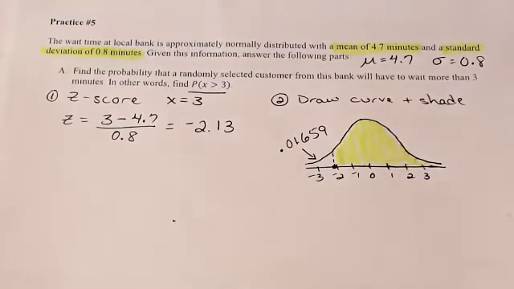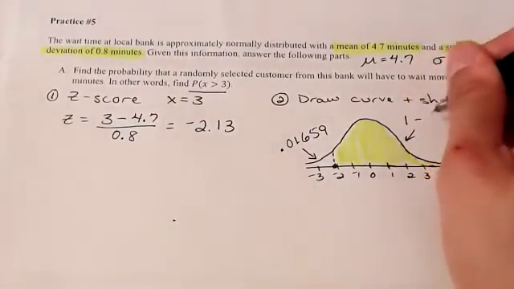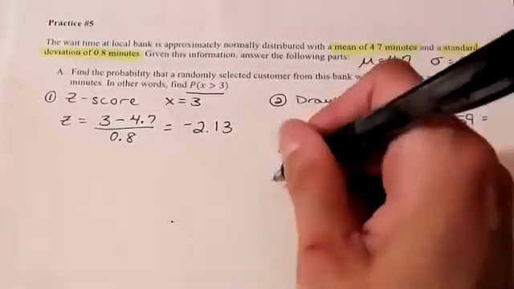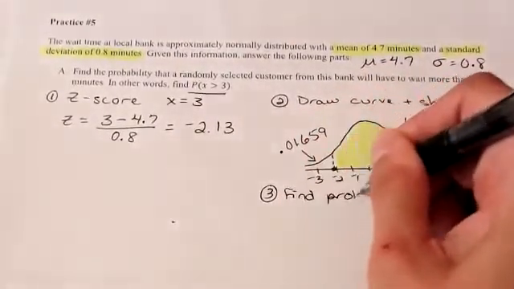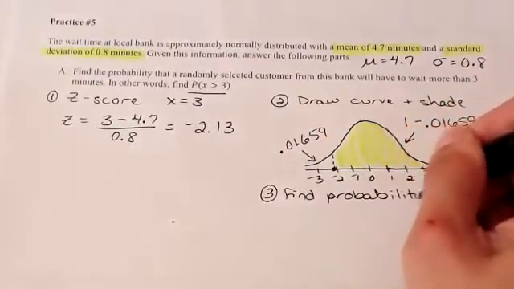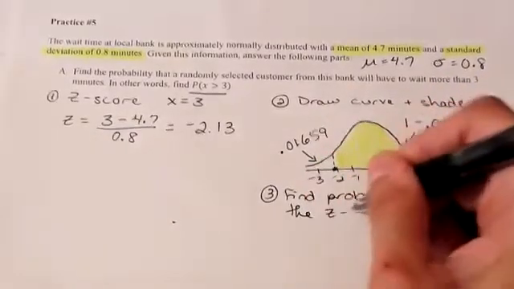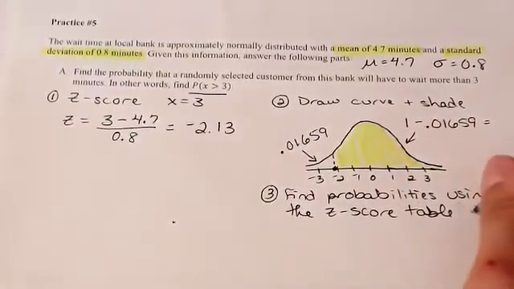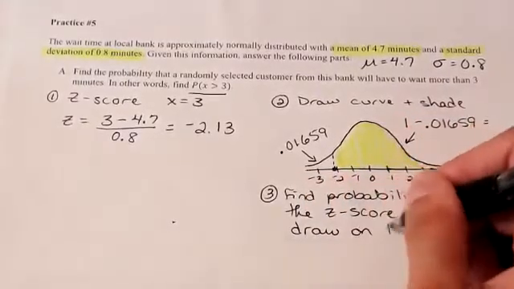Just like the last problem where Kelly said, let's just subtract from 1, we're going to do exactly that. To find the right-hand side, we're going to write 1 minus 0.01659. So I'm going to write here step 3, find probabilities using the z-score table, and draw or write on the curve.